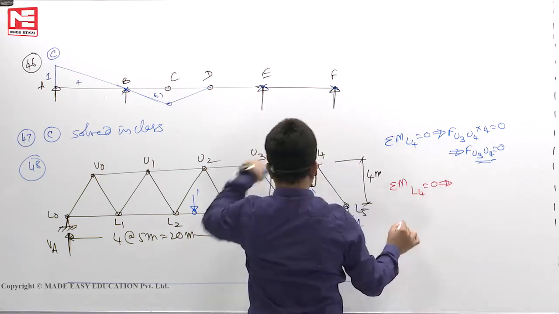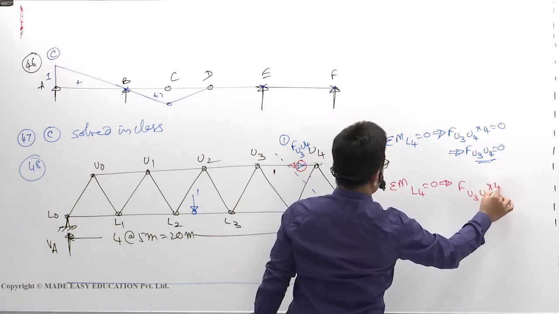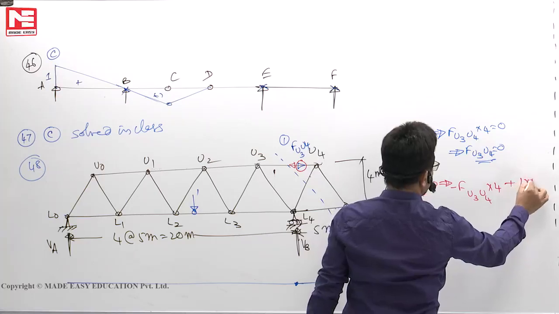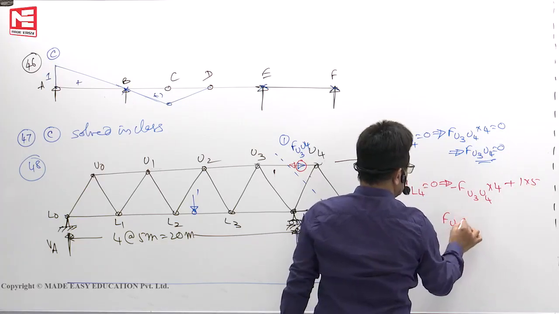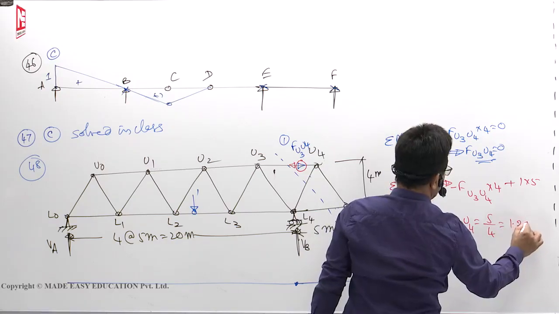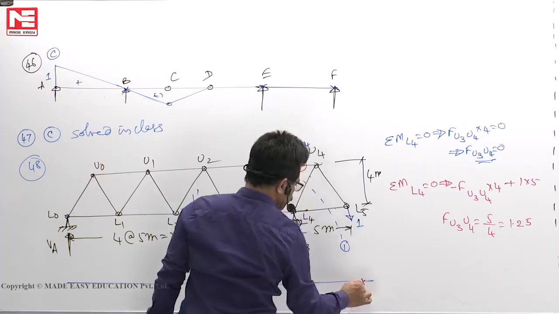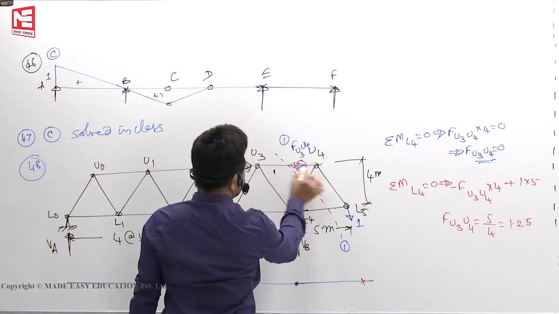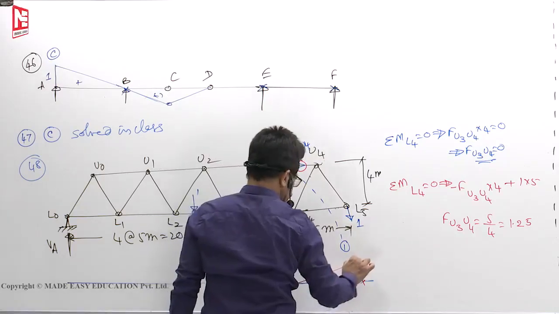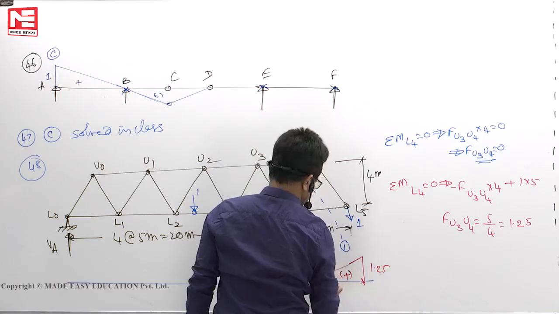The second case it is minus F U3 U4 into 4 plus 1 into 5. So F U3 U4 is equal to 5 by 4, 1.25. So when the load is here, ordinate is 1.25, up to here 0. It is tension, right? The arrow mark is away from the joint, so tension. Plus this is 1.25.